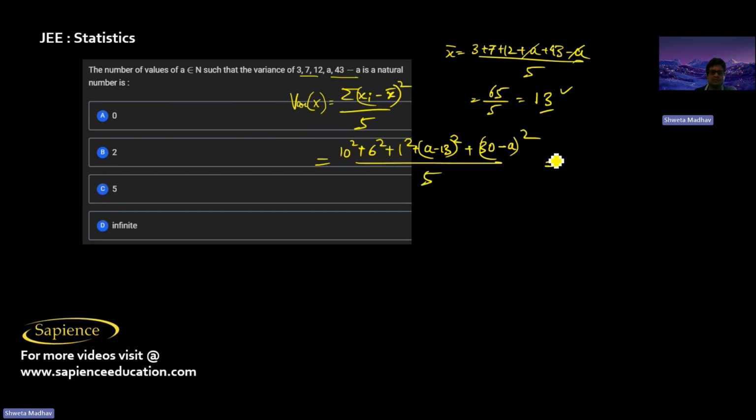That should be a natural number, let's say it is n, where n belongs to N. So the variance should be a natural number.